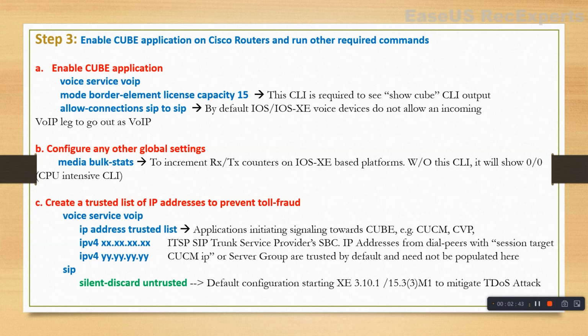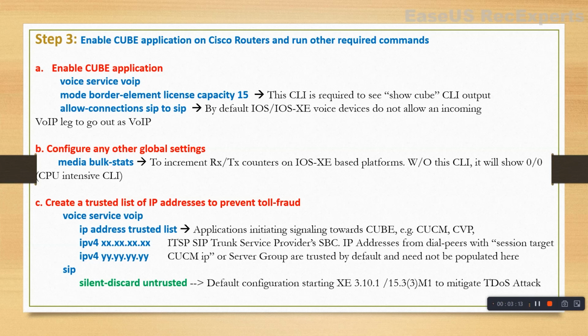Now, these IP addresses can be CUCM, from which we will be receiving calls at the LAN interface. It can be the ITSP's IP address, from which we will be receiving calls on our WAN interface. It can be CVP. So any IP address that you want your CUBE to trust and receive calls from has to be added under voice service voip, ip address trusted list, and all the IP addresses.